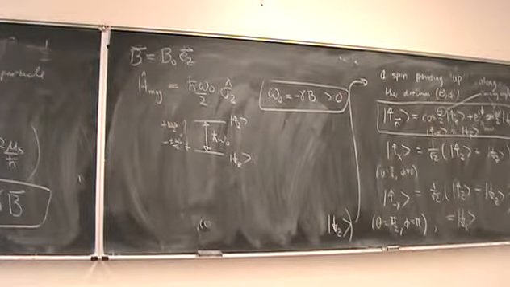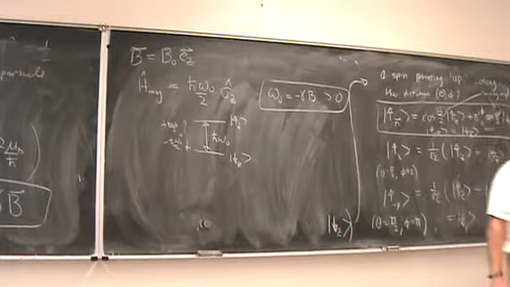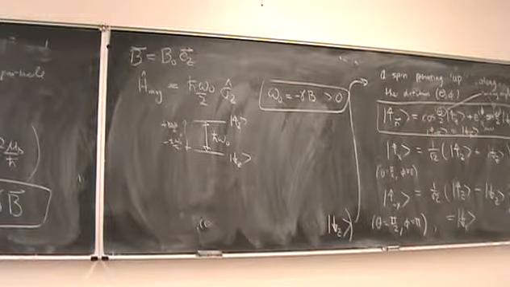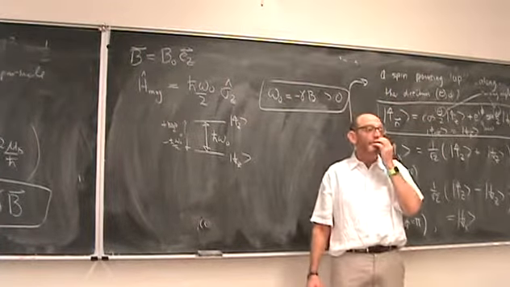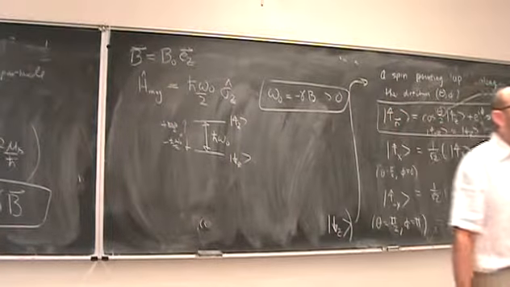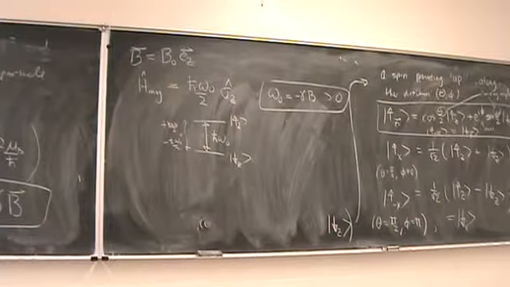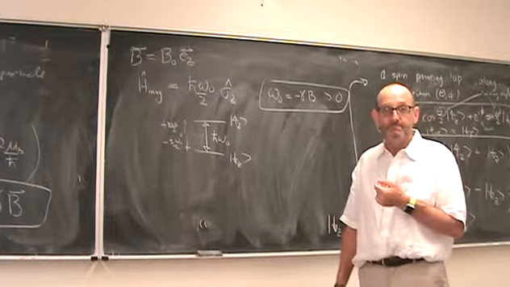Okay? So those are the eigenstates of the system. If I prepare the system in a state that is not an eigenstate of the system, what will happen? Well, it will evolve in time. It will evolve in time according to the time-dependent Schrödinger equation, right?